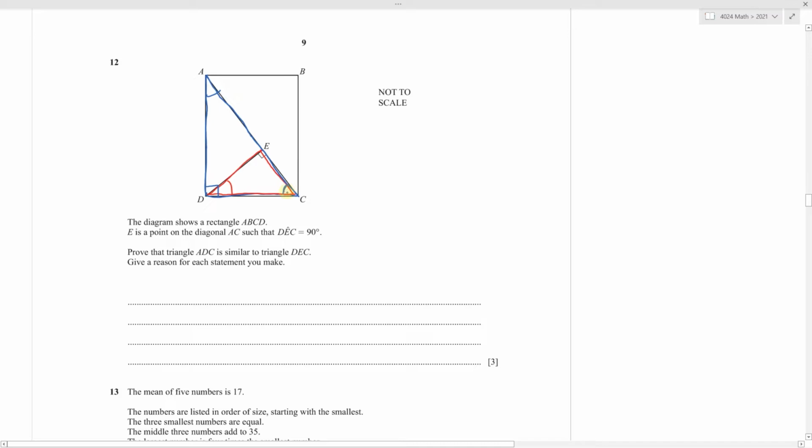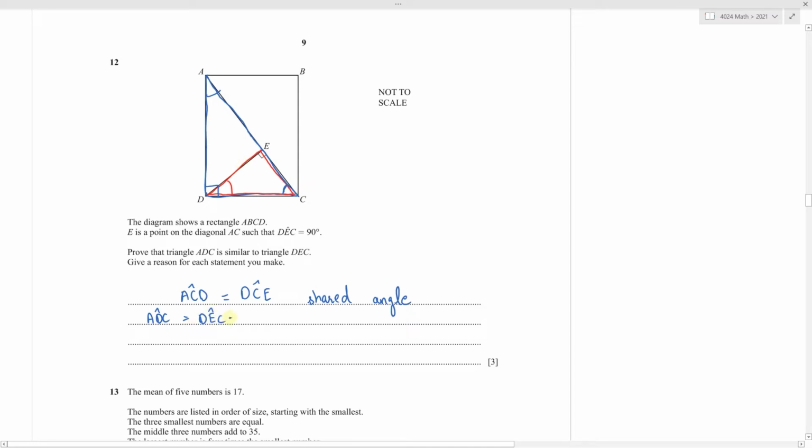So let's first start with this, which is the common angle. Angle ACD is the same as DCE because it is a shared angle. And then you have angle ADC equals angle DEC.